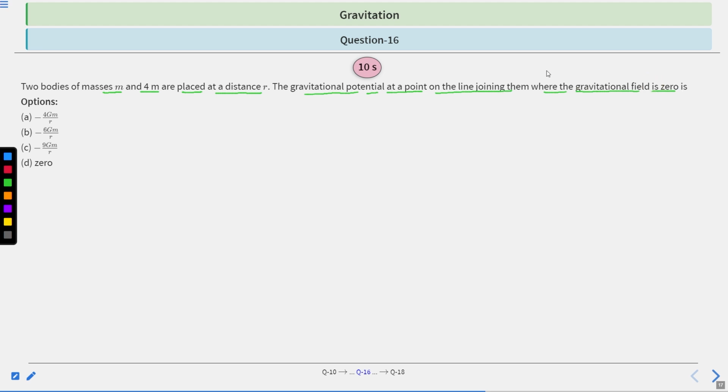So which option is correct? Option A, minus 4 Gm divided by r. Option B, minus 6 Gm divided by r. Option C, minus 9 Gm divided by r. And option D, 0. Clear? Which one is correct? You have 10 seconds to solve this question. After 10 seconds, we will provide the solution. Clear?